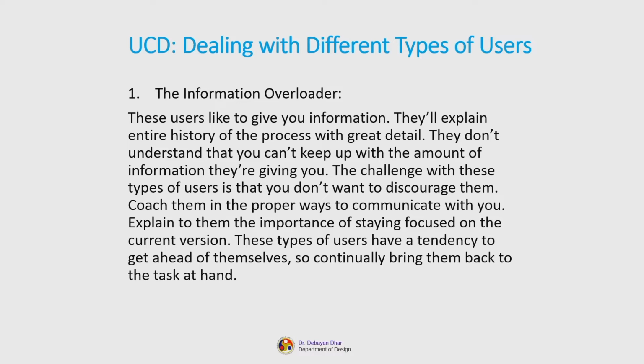You must coach them on the proper ways to communicate with you. Explain to them the importance of staying focused on the current version. These types of users have a tendency to get ahead of themselves. So, continually bring them back to the task at hand.